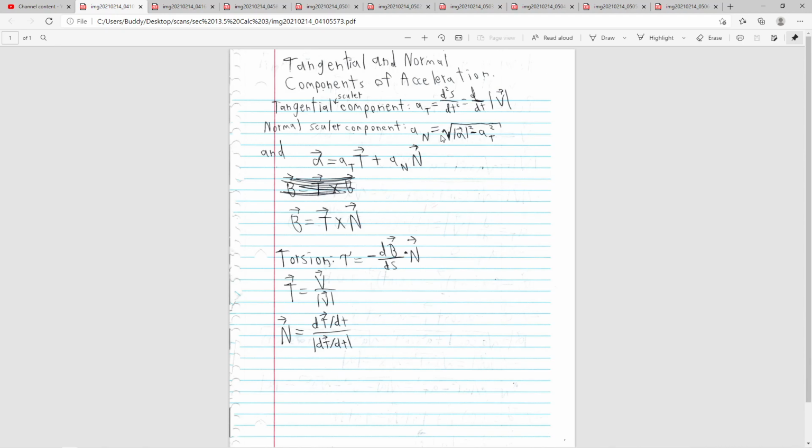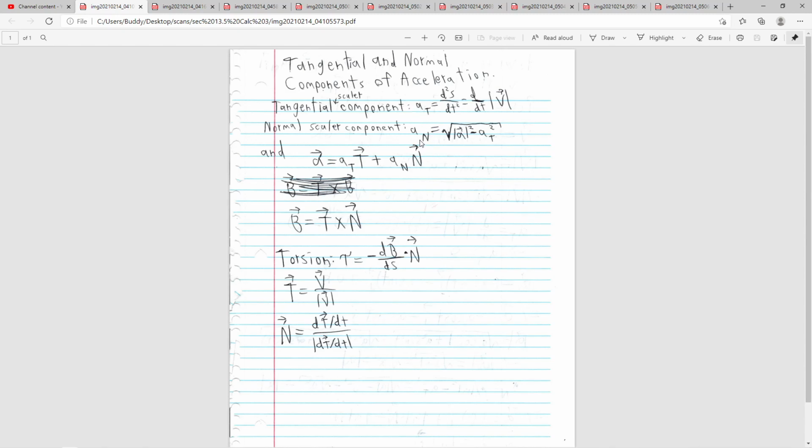And a_N is equal to the square root of the magnitude of the acceleration itself squared minus a_T squared. Yeah, a_T squared. So that's usually the order, that's how you solve it.